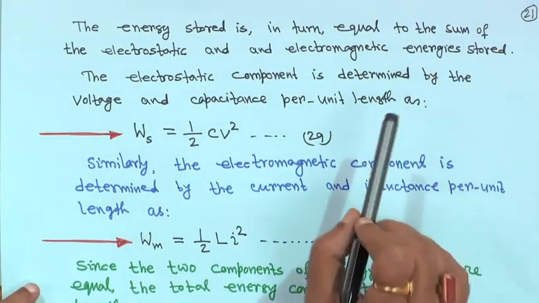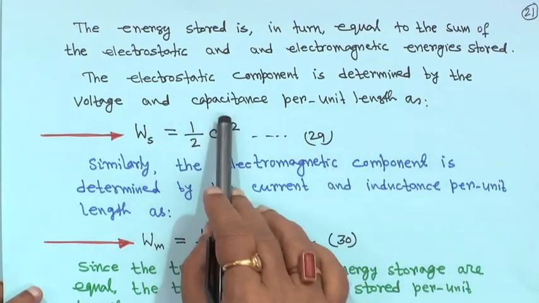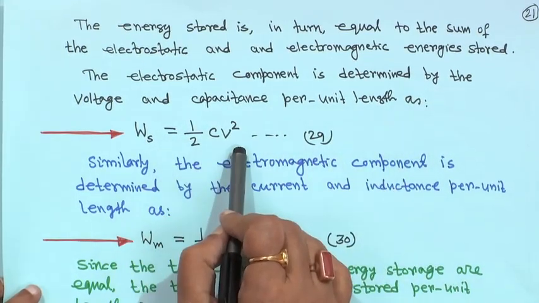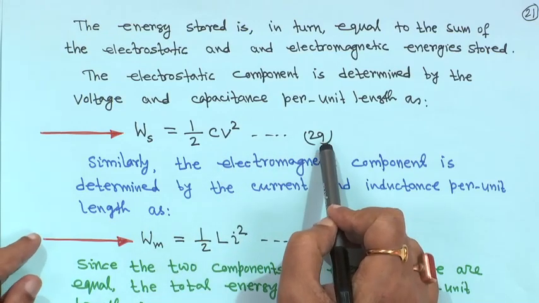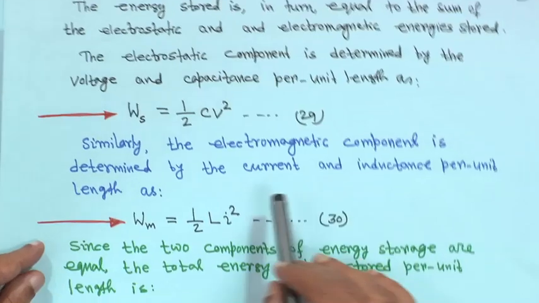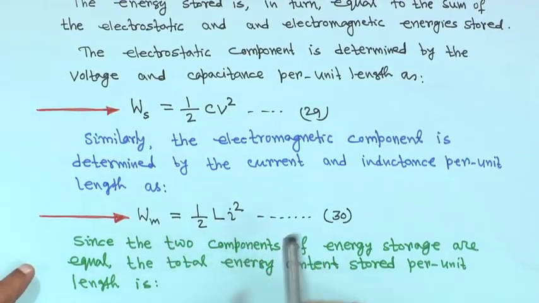The electrostatic component is determined by the voltage and capacitance per unit length: Ws is equal to half Cv square, this is equation 29. The electromagnetic component is determined by the current and inductance per unit length: Wm is equal to half Li square.